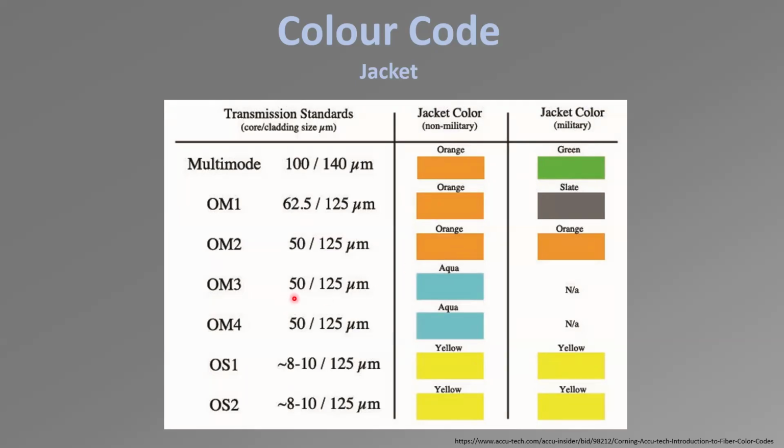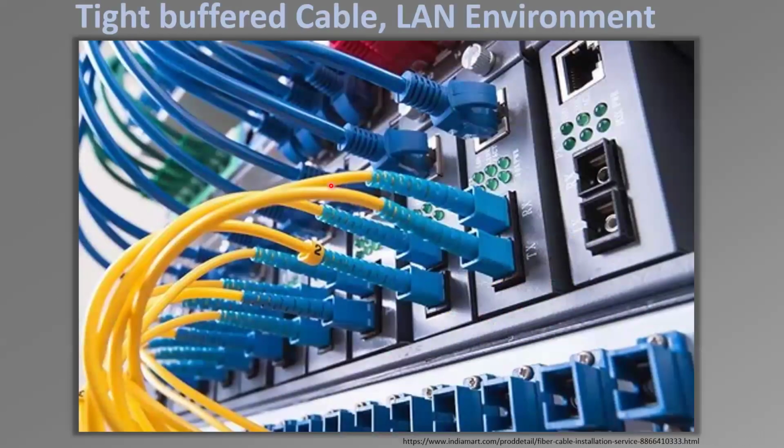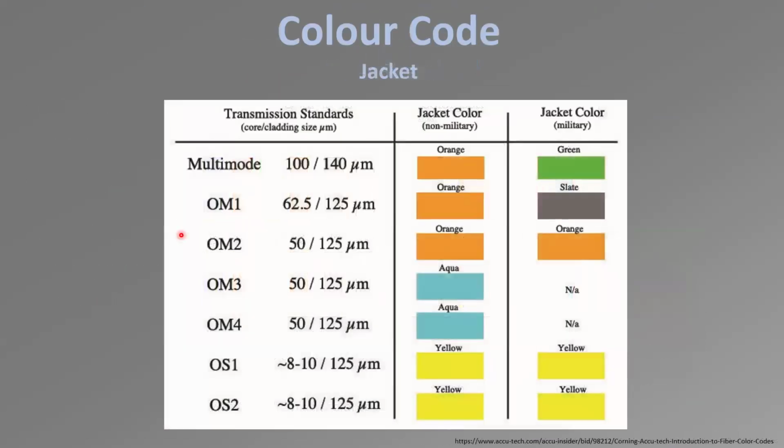Then the OM3 and OM4, the latest cables, they will have aqua color jacket, and the yellow cables, for example, here, you can tell that these are single mode cables because now, whether it's OS1 or OS2, we don't know just by the color because they're both yellow, but you can tell for sure this is a single mode fiber.